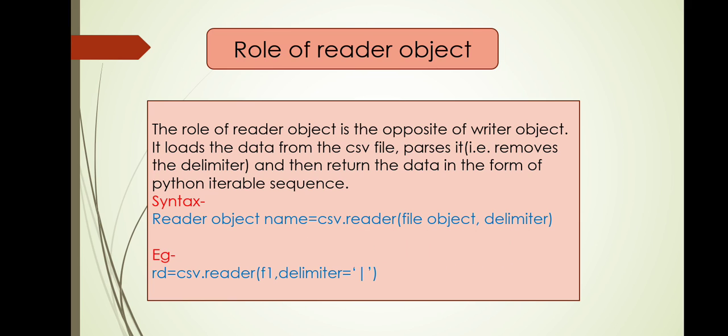This is an example. I have taken the reader object name as rd is equal to csv.reader. Within bracket I have written f1. F1 is the file object name, comma, delimiter is equal to pipe symbol. Right? So I'm opening the CSV file which is having the delimiter as pipe symbol.